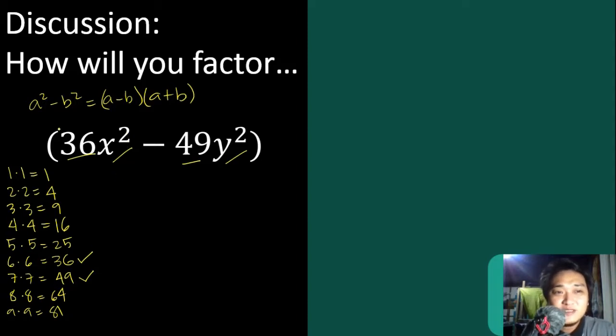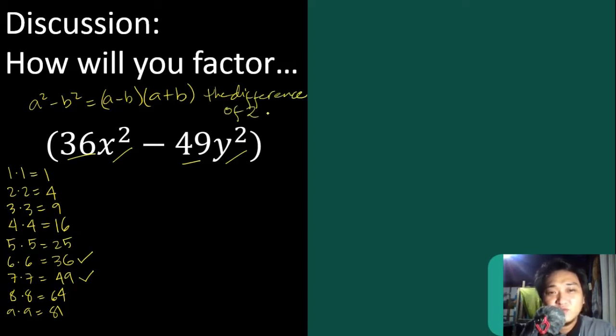So, ang mangyari niyan, after nating ma-check kung perfect square term ba yung bawat term ng binomial na to, tsaka lang natin i-a-apply yung technique ng the difference of two squares.